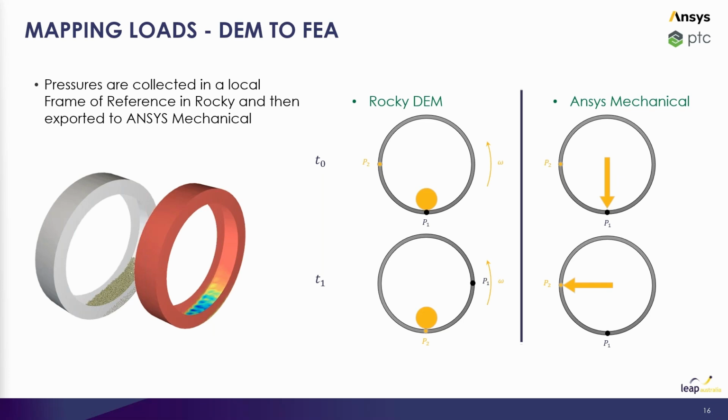Now, what this means is that effectively it's the load application point that moves through time rather than the geometry itself. So we can see here in Rocky, P1 is moving, but in Ansys Mechanical, P1 stays fixed relative to our reference frame, but the load application point has actually changed instead.